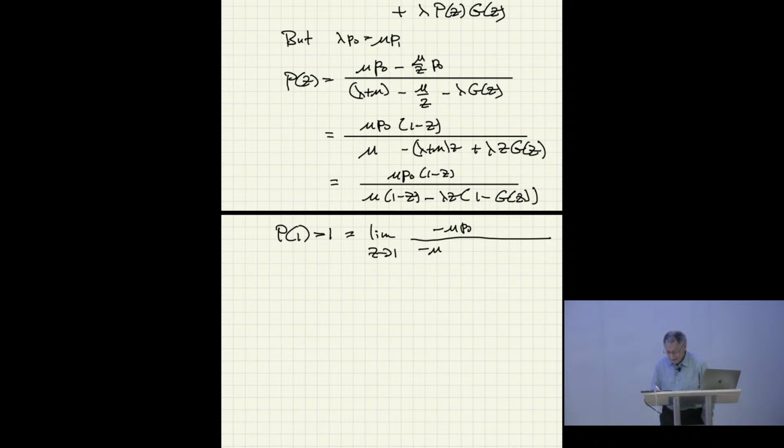I'll get a minus lambda 1 minus g of z. And also I'm going to differentiate this thing. I'm going to get a lambda z g prime of z.